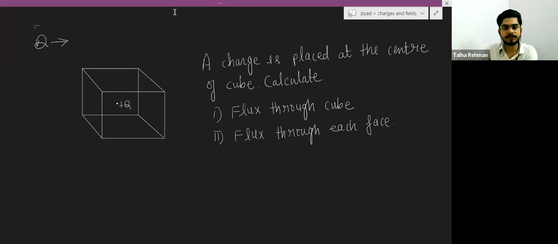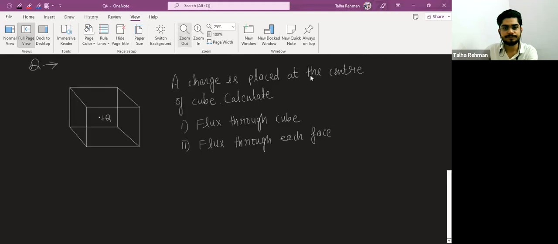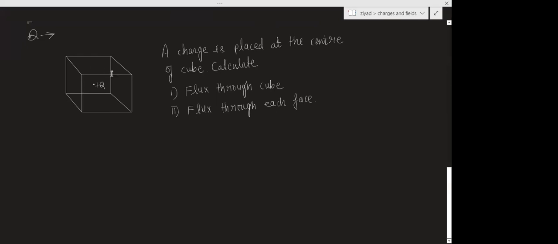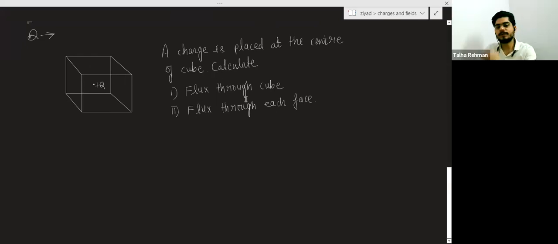They are saying that a charge is placed at the center of a cube, and they are saying calculate flux through this cube and flux through each surface.